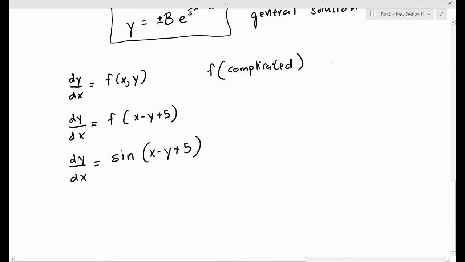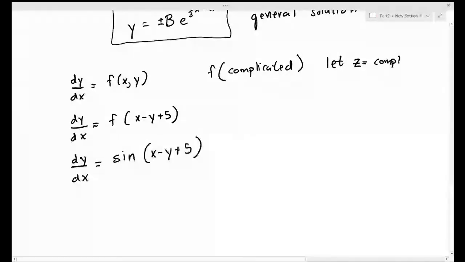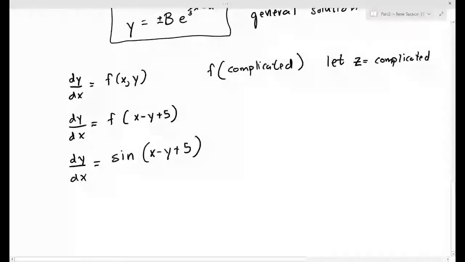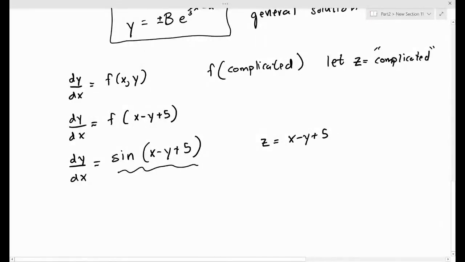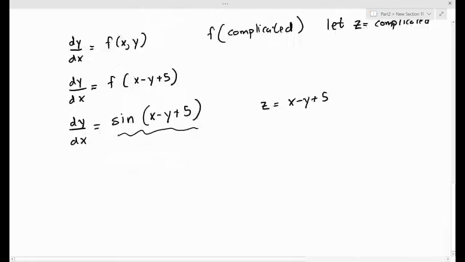It's the theme of substitution in order to simplify the differential equation. So you'd let z equal this complicated expression. Again, complicated is in quotes. And then complete the substitution. So here I can simplify the right-hand side by simply lumping x minus y plus 5 into a single thing that we call z. Okay.